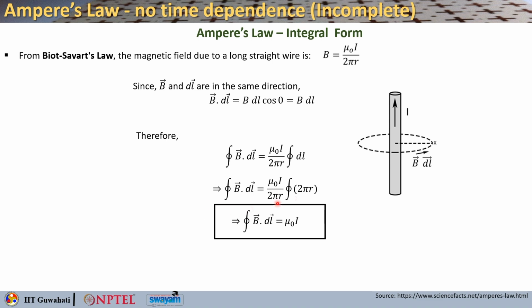When you take the integration along the closed loop, you will get nothing but 2 pi r. So, this 2 pi r and 2 pi r cancel out, and what you get is simply the line integral of B dot dl equals mu naught I. This is the integral form of Ampere's law for the static fields.